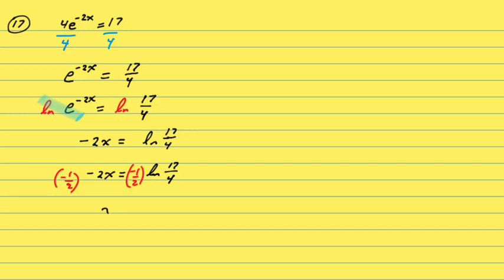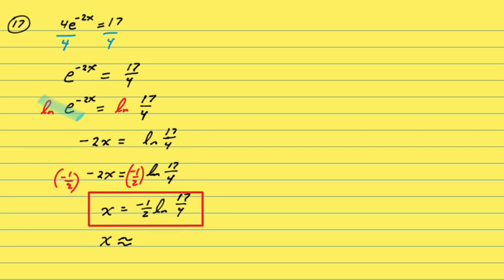That would make x equal negative 1/2 natural log of 17 over 4. Now, if I was to punch that in my calculator, at that point it's going to become an approximation, which I use a squiggly equal sign to indicate.